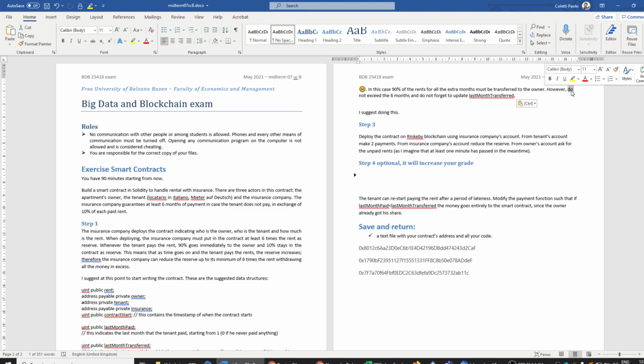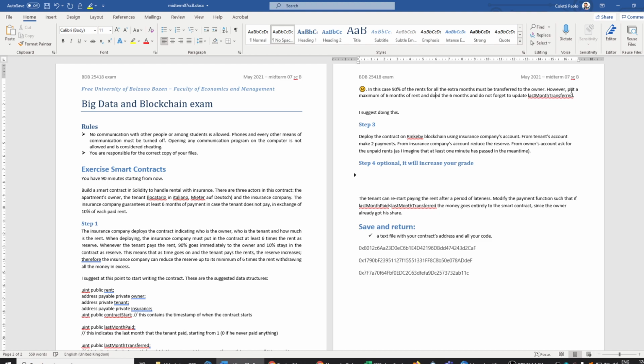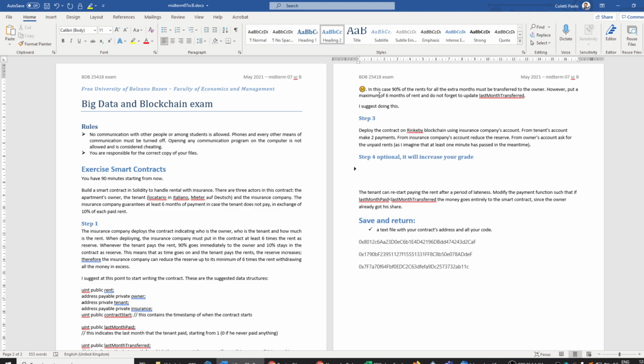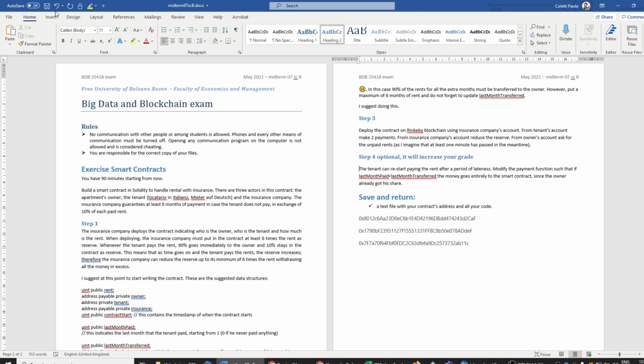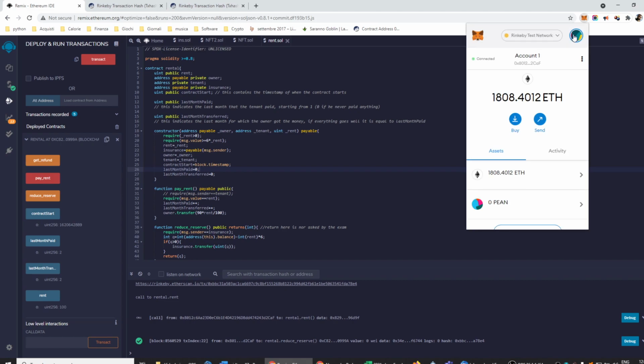However, put a maximum of 6 months of rent and do not exceed. Okay, I don't ask you to check that there is enough money in the smart contract. Okay, I have to put it there because otherwise when you do the test it may be that it gets stopped.